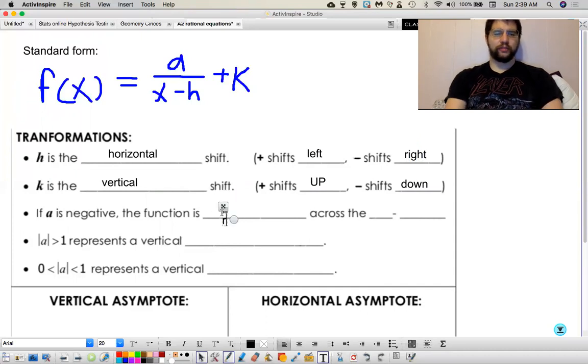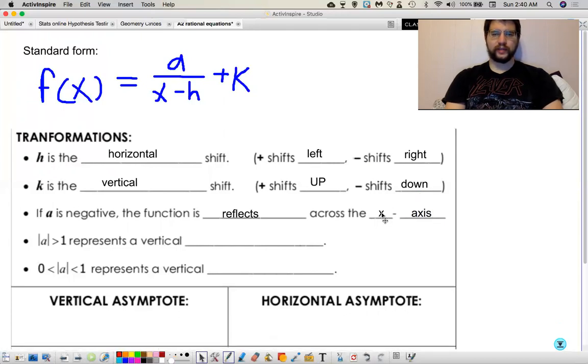So again, a reflects it across the x-axis. It should be familiar to you. It's the same thing. If we have a negative out front in front of the function, that's going to reflect over the x-axis, regardless of what kind of function it is. If a is a big number, bigger than 1, that's going to be a stretch.